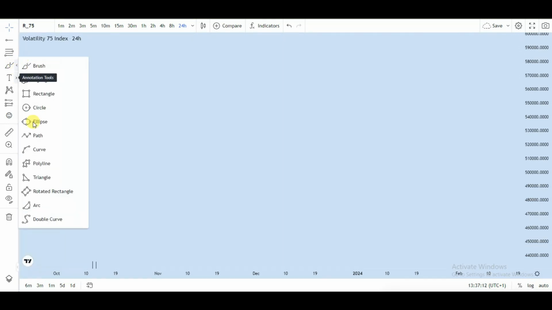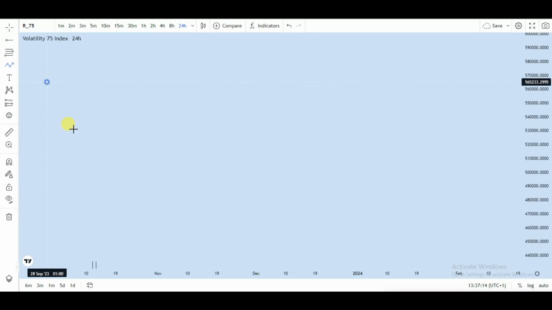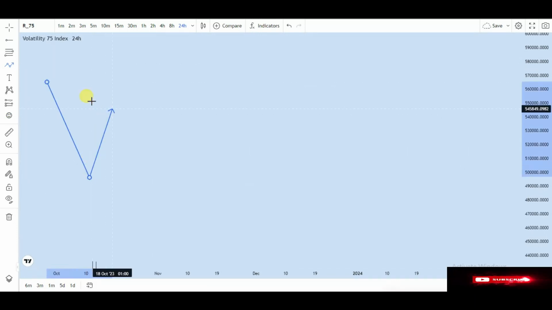With internal liquidity and external liquidity, for instance, we have a market moving from this direction towards this low, and it goes up into this area, and it comes down to take this low. What will be the next point of call? Basically, the next point of call is sometimes defined by the kind of liquidity that price has taken.